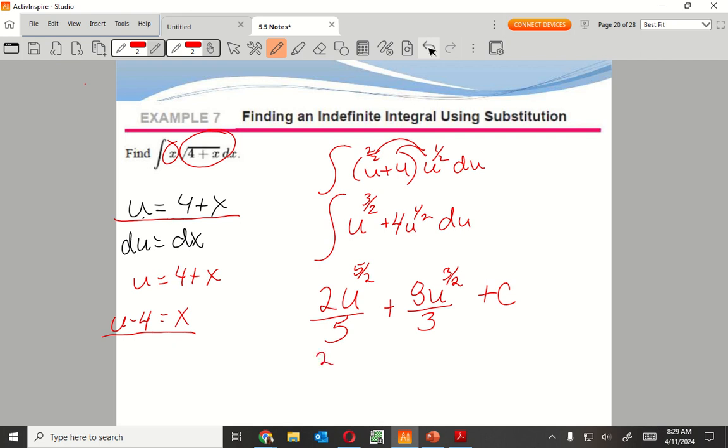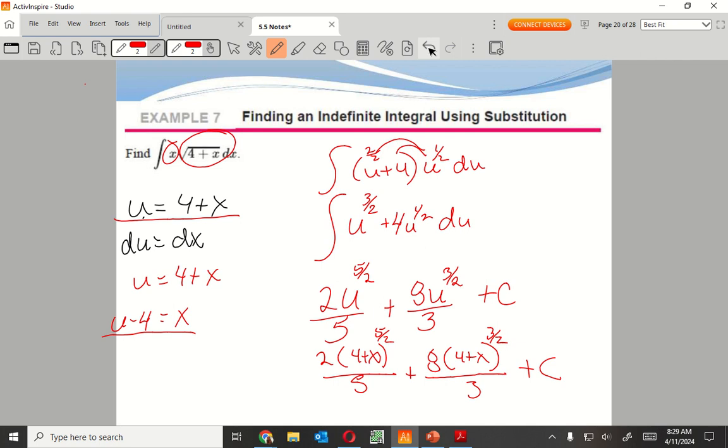So 2 quantity 4 plus x raised to the 5 over 2 divided by 5 plus 8 quantity 4 plus x to the 3 over 2, divided by 3, plus c. Better? Feel good about this? A little? Okay.